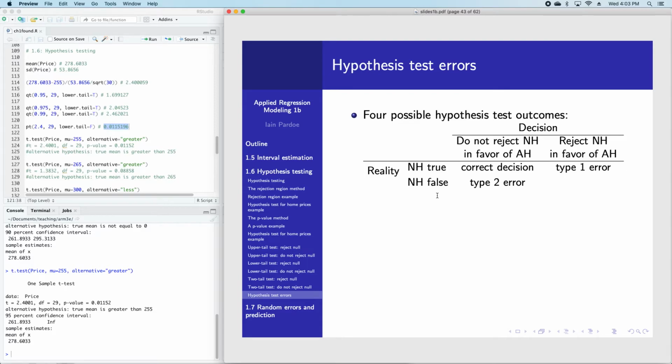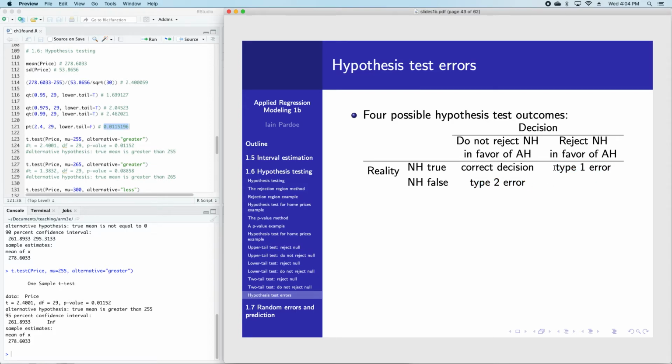What if the null hypothesis is false, though? If the null hypothesis is false, but we don't reject it, then again we've made an error. And this is called a type 2 error. And we don't get to directly control the type 2 error, but we do get to control it indirectly. And unfortunately, as the probability of the type 1 error goes down, the probability of a type 2 error goes up.